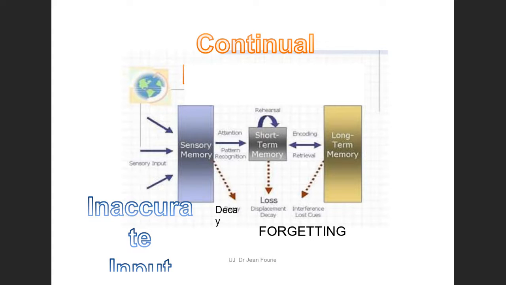So we really focus and we see what we want to see, we hear what we want to hear, we sense what we want to sense, and other things don't make it into the short-term memory and the long-term memory.